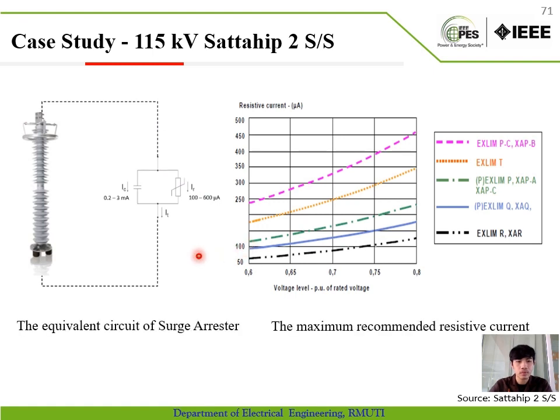This is the equivalent of the arrester and the maximum recommended resistive current. By the variable, we can compare with this curve of any product of the arrester, so it is less than this recommended maximum resistive current. So the surge arrester of Sattahip 2 substation is in good condition.